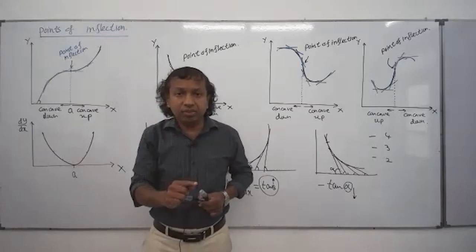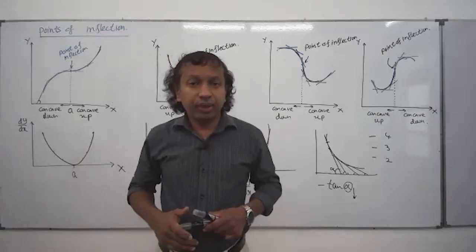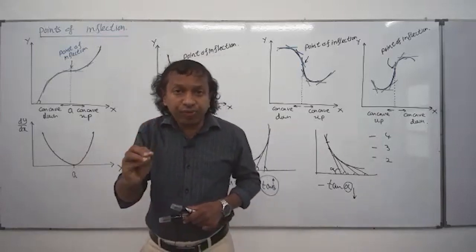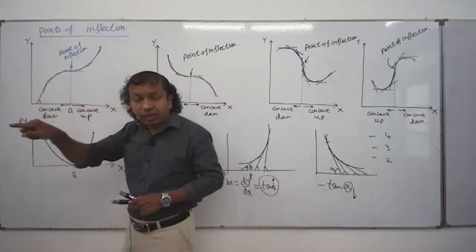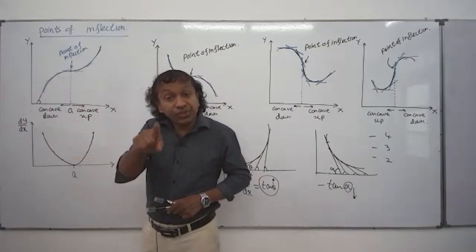People, can you see a particular relation? The relation is this. If a graph is concave down in an interval of x, the second derivative is negative.